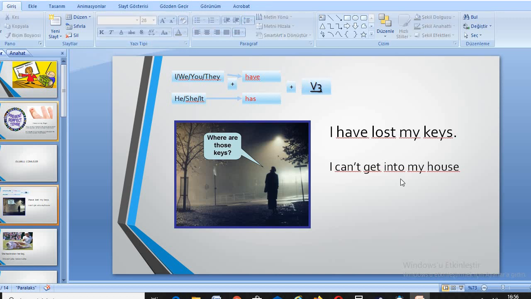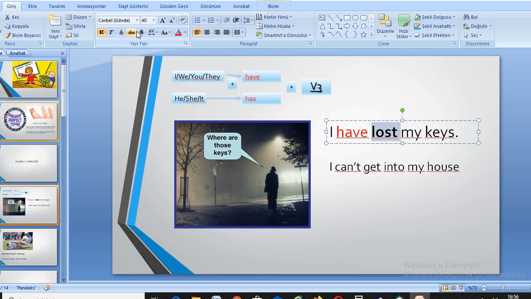The third form of the verb, the past participle of the verb. I have, yes, I have lost. Verb 3, yes, it's the third form of the verb. It's lose, lost, lost. Look, so I have lost my keys, so I can't get into my house.